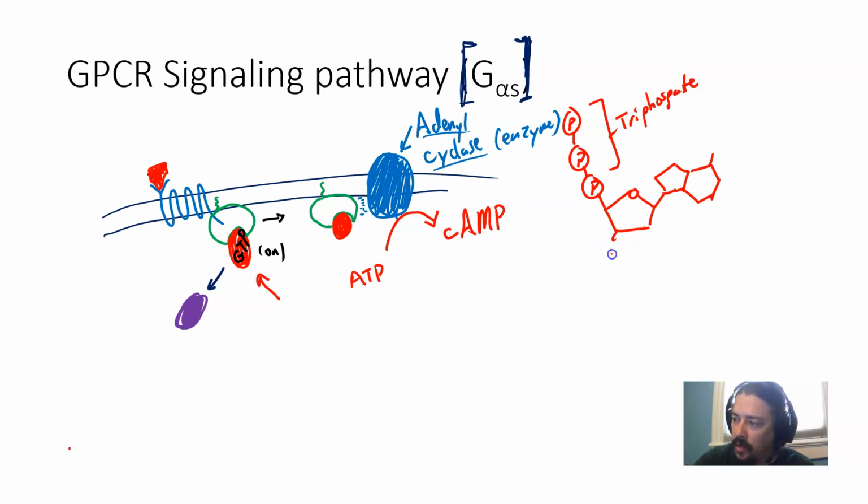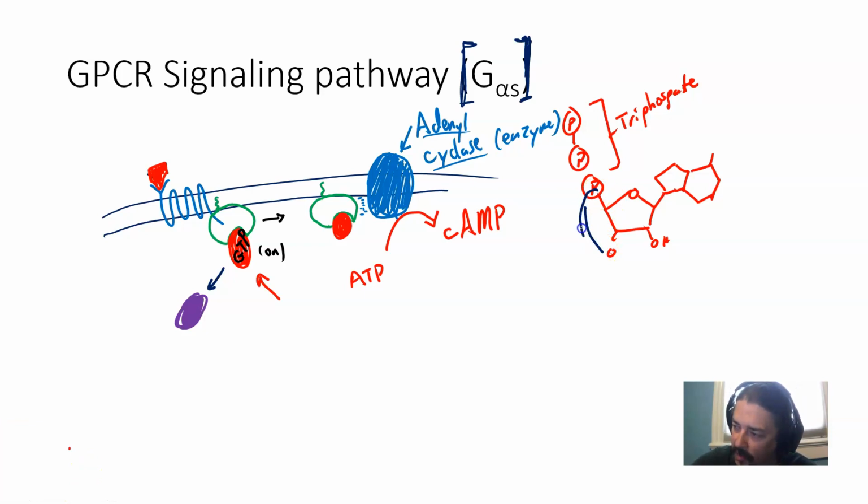And there are these hydroxyl groups down here on the ribose, right? Basically, what this enzyme adenylyl cyclase does is it breaks this covalent bond here and forms a new covalent bond between that phosphate and this oxygen here.